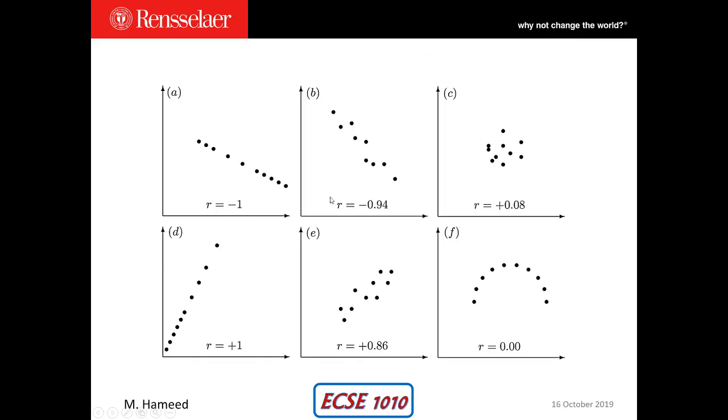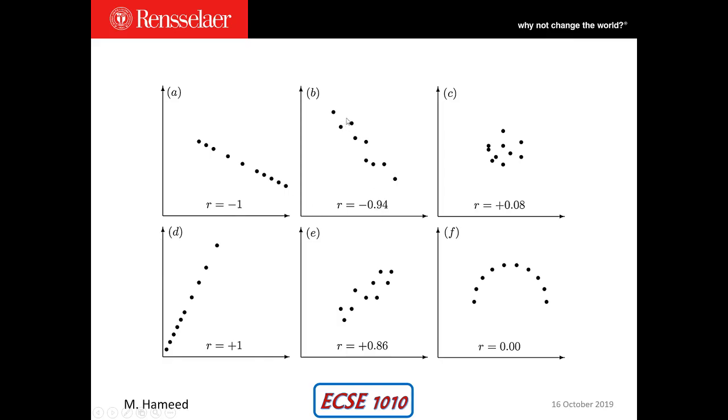Over here, we have 6 different plots of different correlation coefficients. Let us see if we can figure out whether these values of r make sense based on the points. All these 6 plots have x information on the x-axis and the y information on the y-axis. If I look at plot A here, as I increase x, y consistently goes down and it is very linear, so it suggests that x and y have a negative correlation, negative dependence. Because it's a very close line, the correlation coefficient in this case is -1.